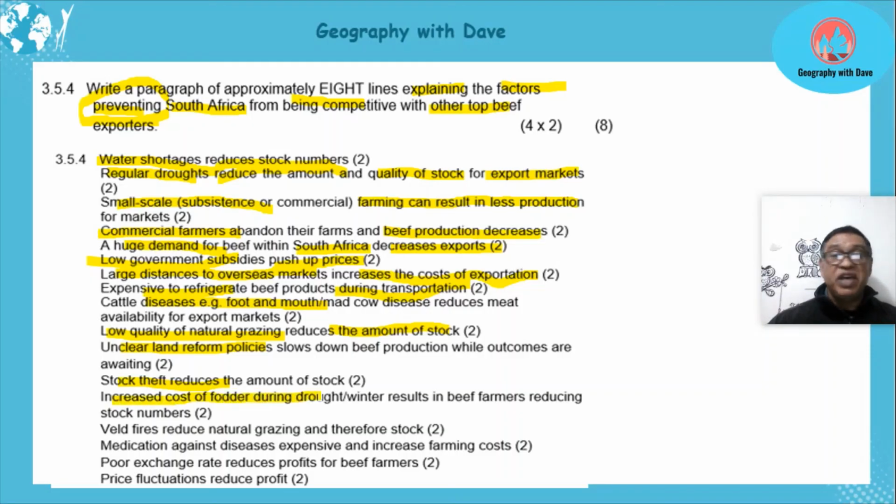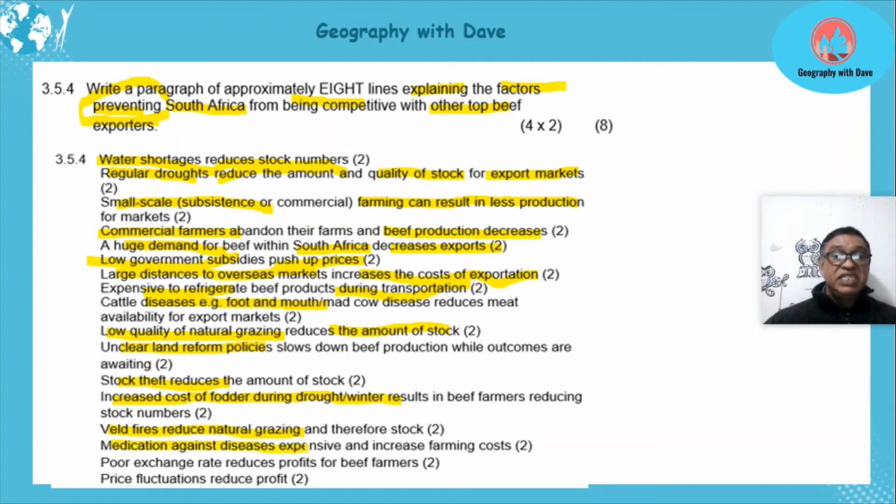Increased cost of fodder. Remember, we said increased cost to the farmer. We brought in here the fodder, maybe the fertilizer. It becomes more expensive. Veld fires. Remember you've done all those things before, eh? Regarding berg winds, etc. Veld fires are common in our country, which can damage natural grazing fields and even kill animals.